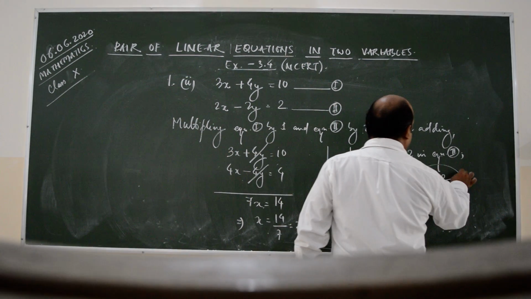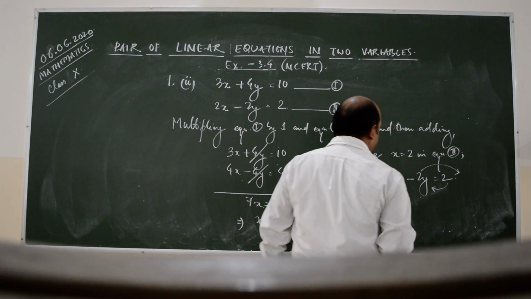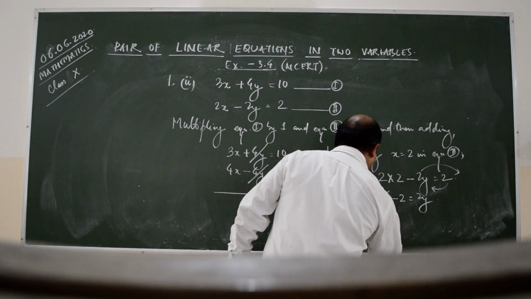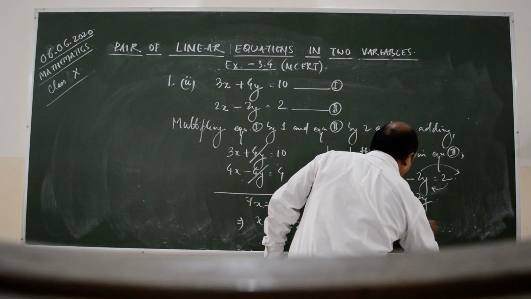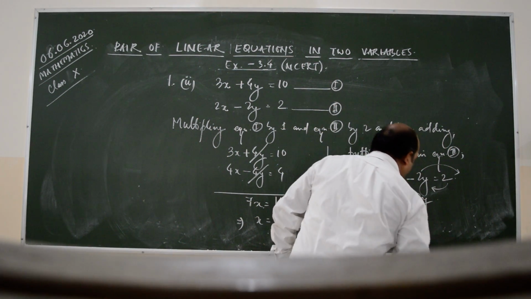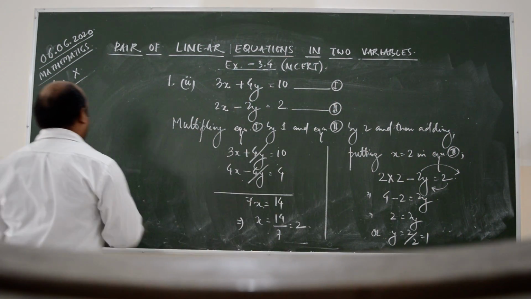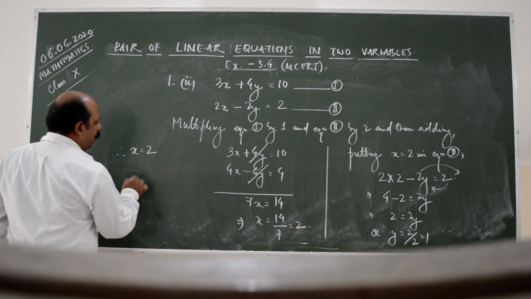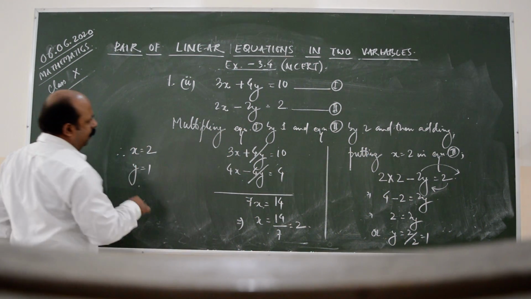Let us take this 2y to the right side and bring this 2 to the left side. 4 minus 2 is equal to 2y. 2 is equal to 2y, or we can say y is equal to 2 by 2, that is 1. So finally we are declaring the answer. Therefore x is equal to 2 and y is equal to 1.